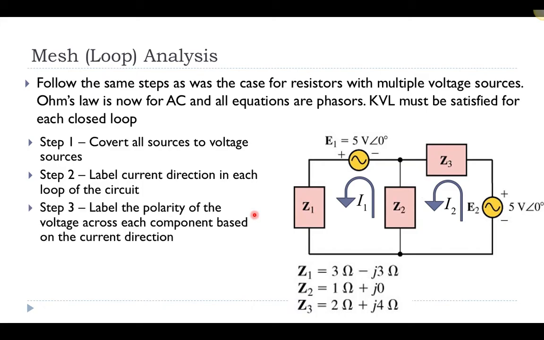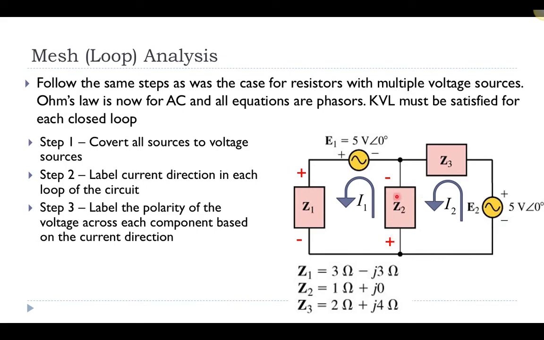The next step is to label the polarity of the voltages across each of the components based on the direction of the current. And so just like resistors, if you follow the direction of the current, you go from plus to minus across those components. So across the impedance, it would be plus minus in the direction of the current for the first impedance.